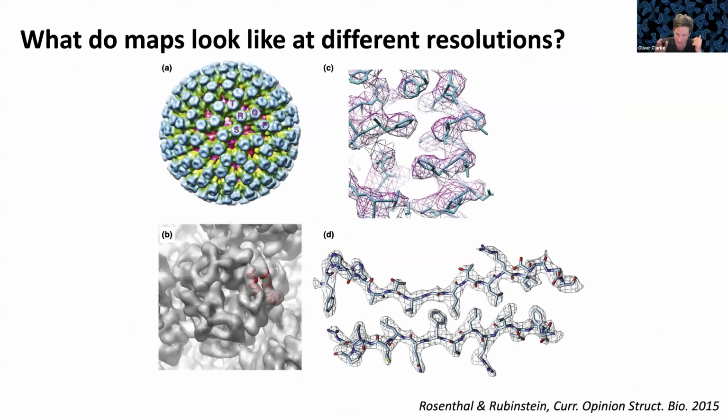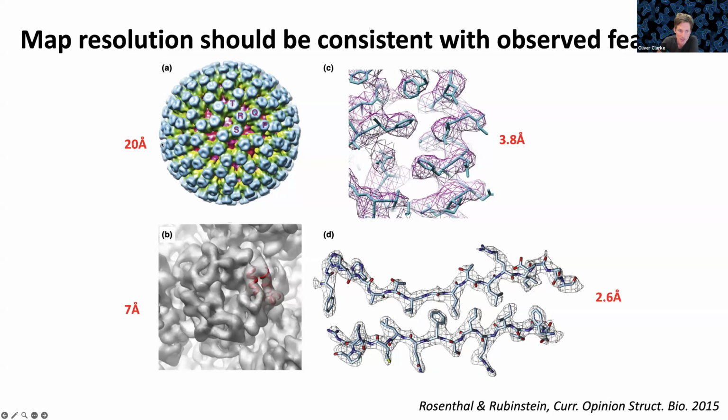In practical terms, what I would like you to take away is that you should get an intuitive sense of what different resolutions correspond to, right? If you look at something like this, or this, you should have a sense in your head of what resolution those correspond to. Here, you're seeing broad domain-based features, but not any secondary structural features. So there we're talking 20 angstroms, maybe 15, right?